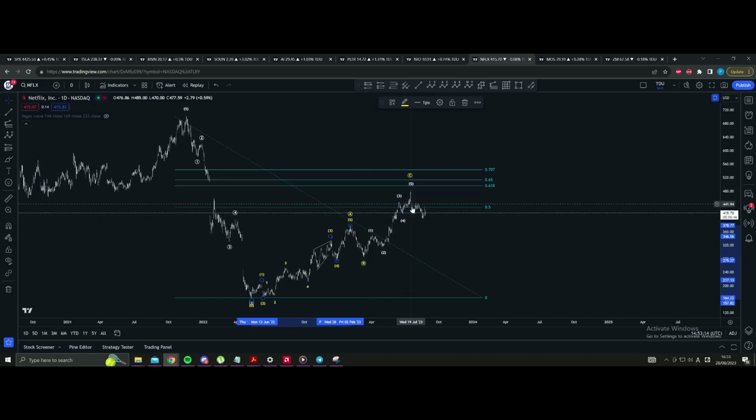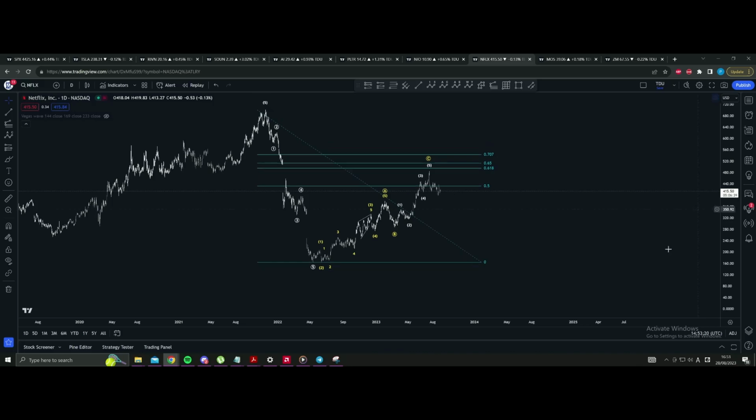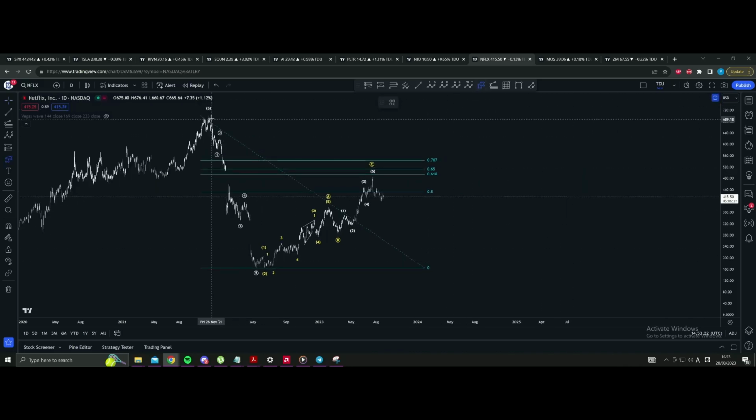So now perhaps you're forming 1 A B C for the 2, and down we go, because the bigger idea would be 5 3 5.